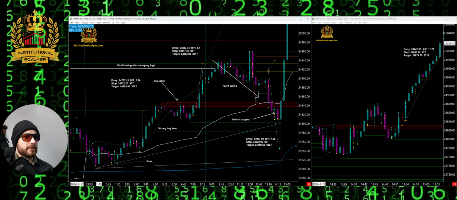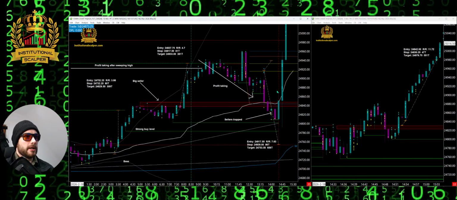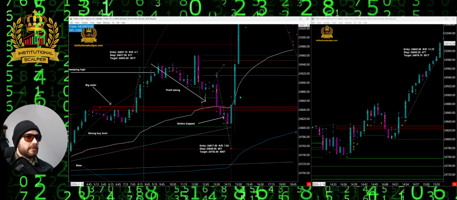Maybe you get greedy, you think it's going to go down to retest the base or something. We've got this strong buy level here. We're bullish overall so far in the session. Push back down. Sellers push again from their level, but they get trapped. Buyers start putting up a fight again. And then we continue with the trend.